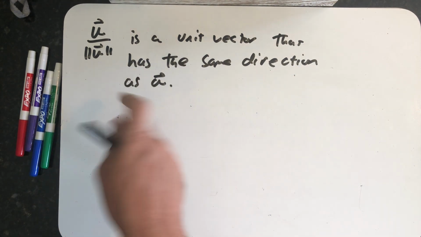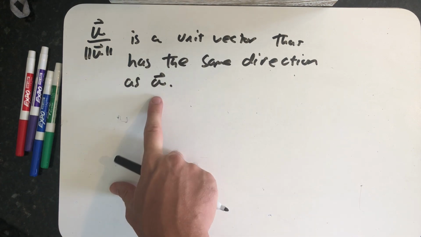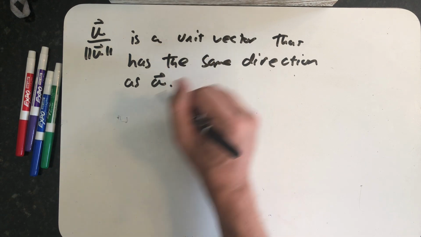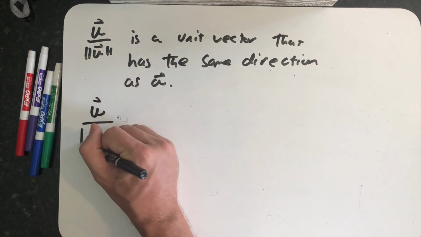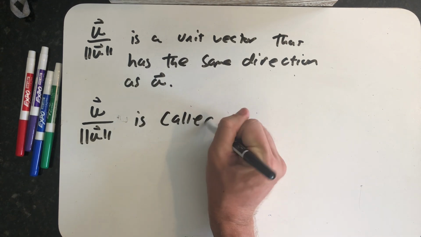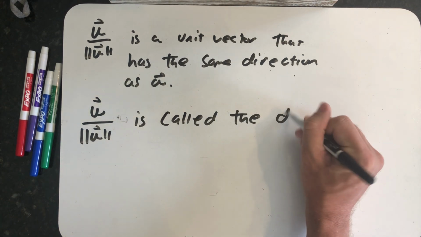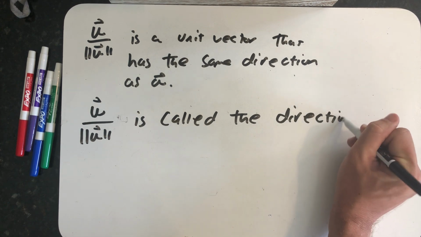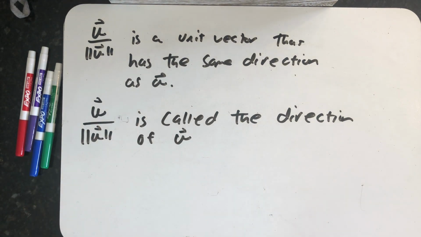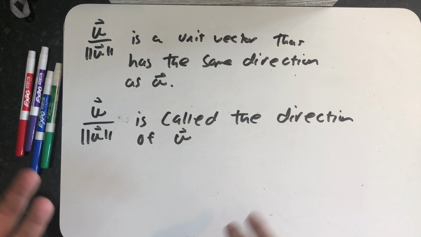In fact, this unit vector has the same direction as the vector u that I started with, and we call it the direction of u. This gives us a way of writing down a vector in terms of its 2 most important properties. When we started talking about vectors, we said a vector measures a quantity with a magnitude and a direction.